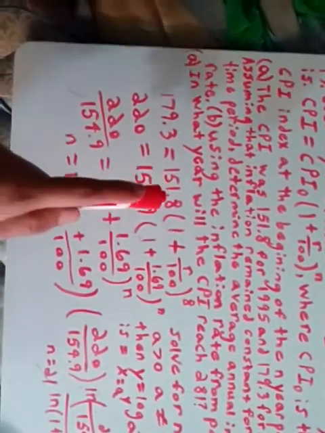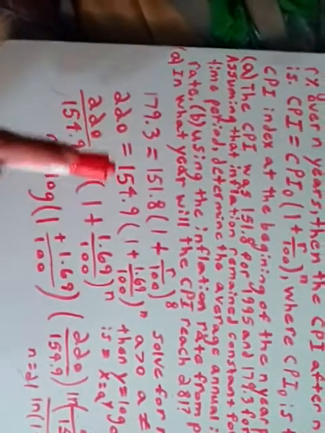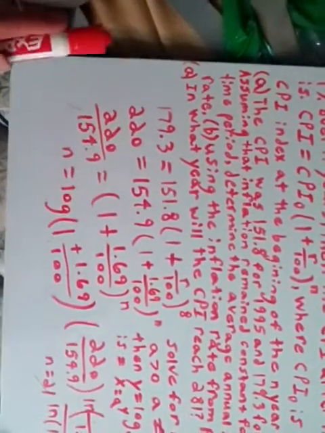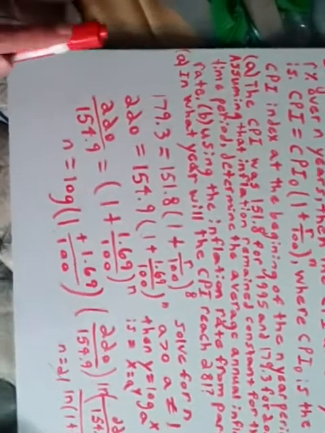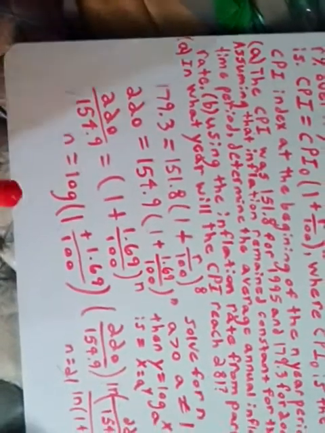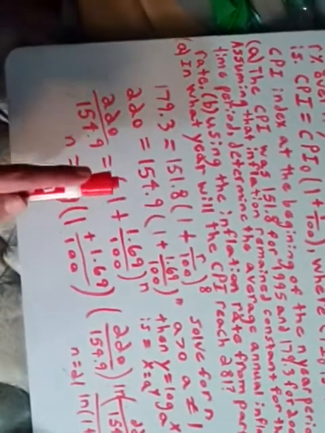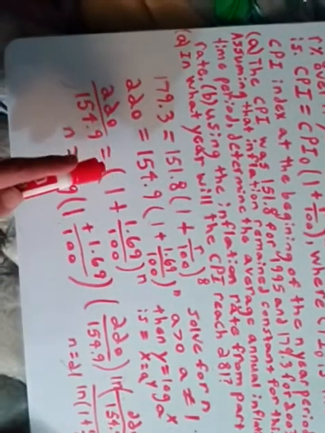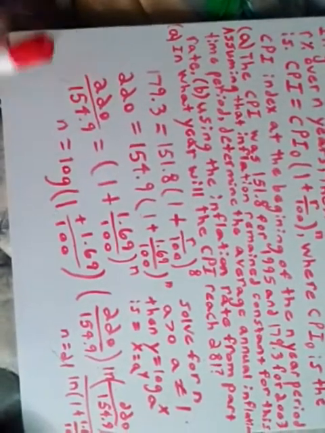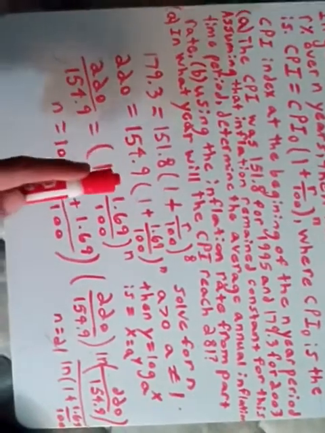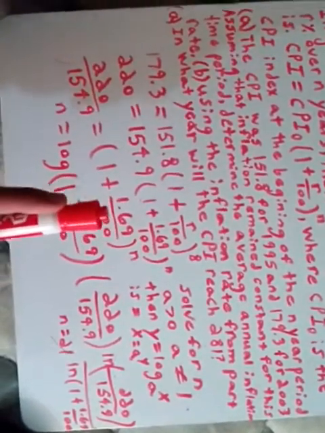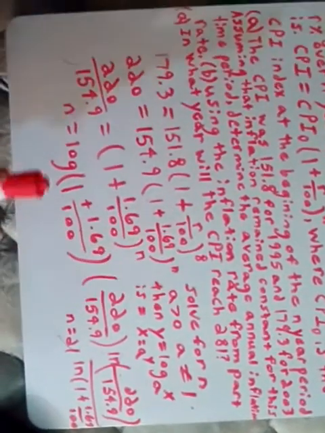I have to first try to get r by itself. The first thing I'm going to do is divide both sides by 154.9. On the right side, it just cleared out the 154.9, leaving this fraction equals (1 plus 1.69 over 100) to the nth power.